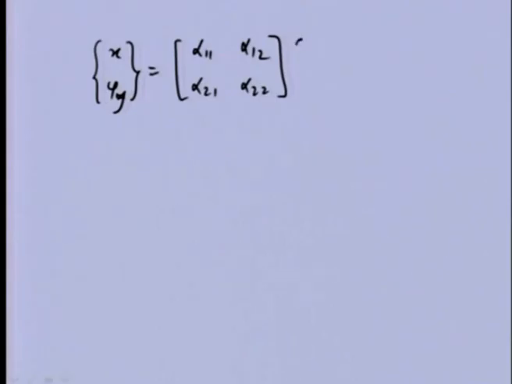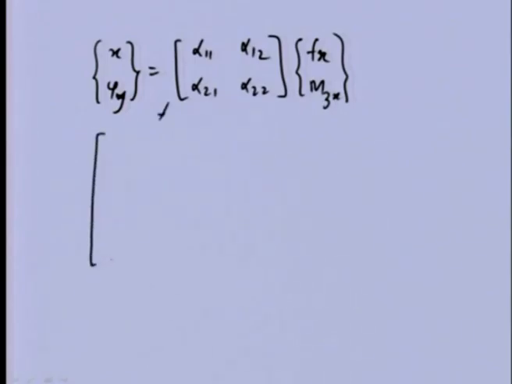So, I am writing those two equations in one matrix form. For a simply supported beam, generally the influence coefficient matrix takes the following form.